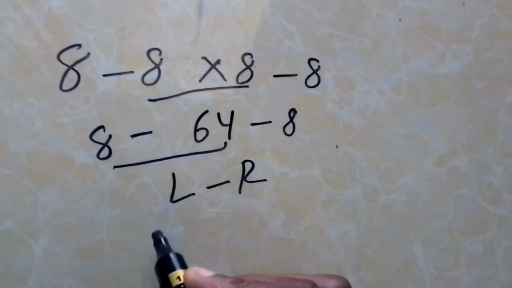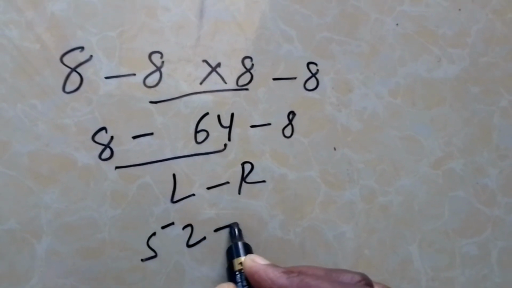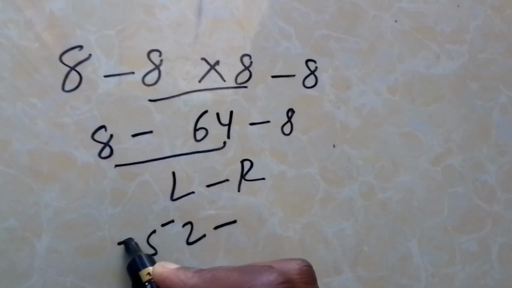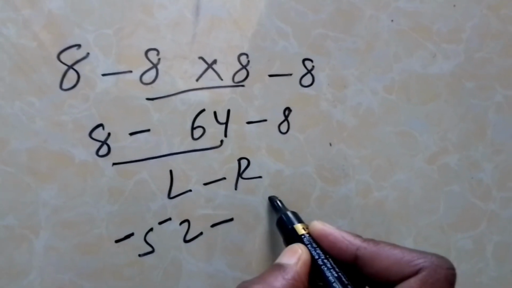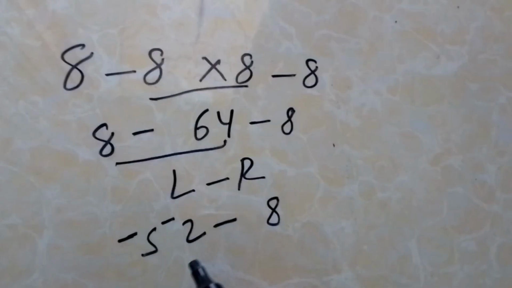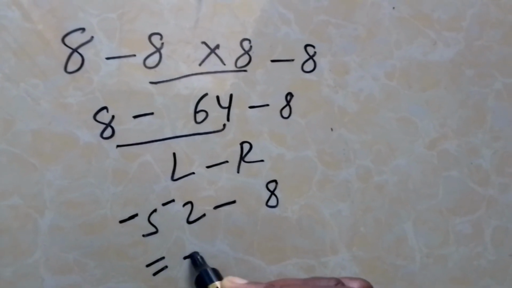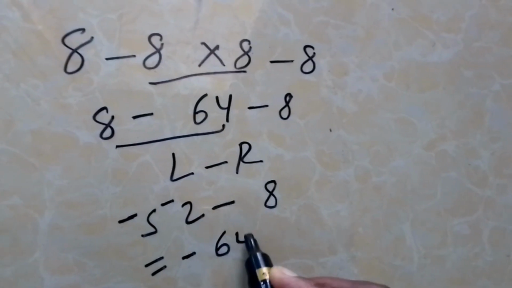So this one is minus 56, and then minus 8. So minus 56 minus 8 means it is negative 64.